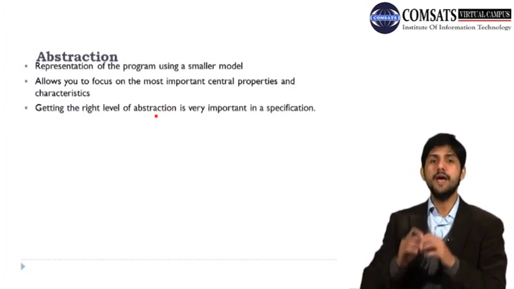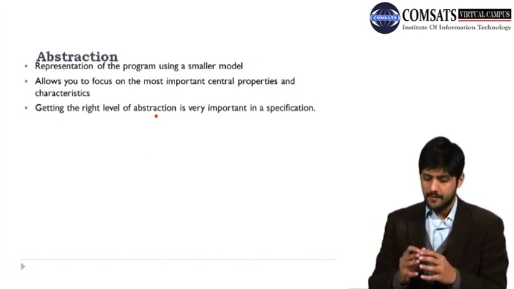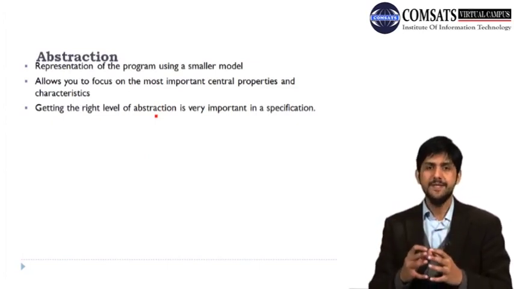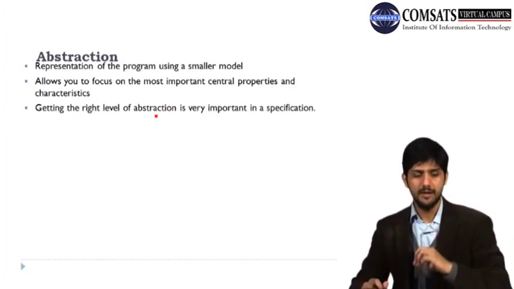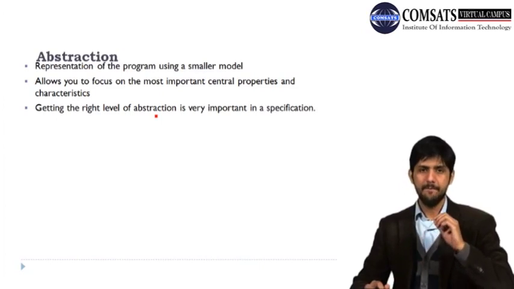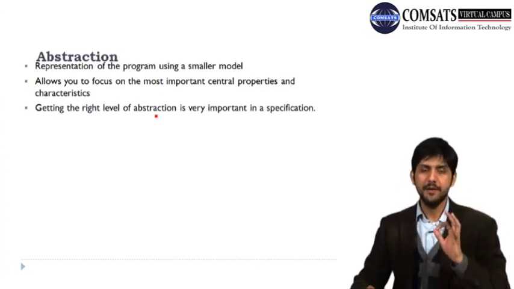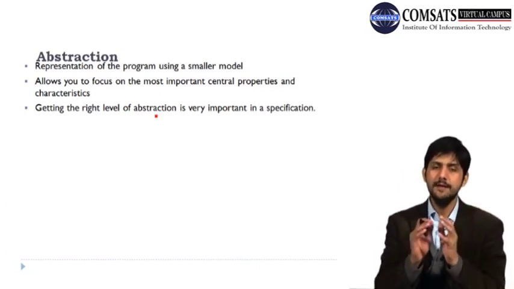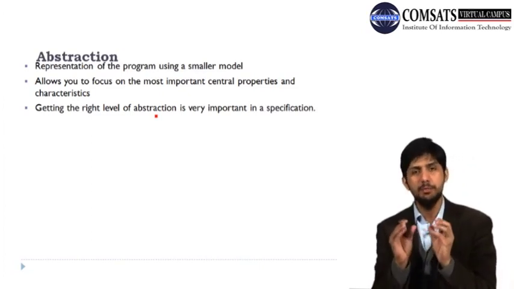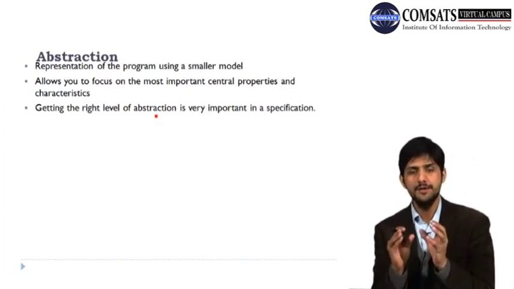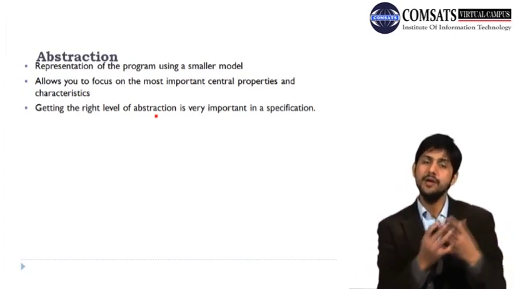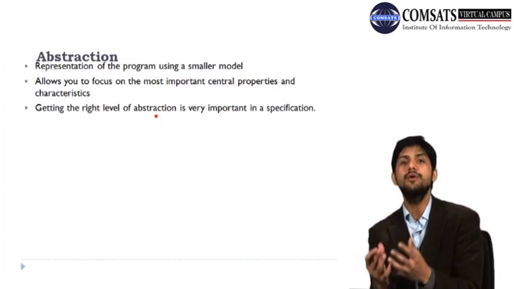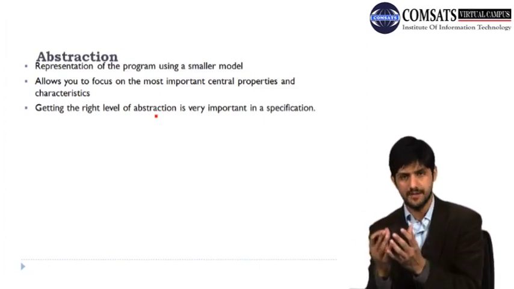And finally, we'll talk about abstraction. Generally, we say that the level of abstraction is high when we are writing specifications formally. It is a representation of the program using a smaller model. So we only pick the things which matter, and we generate a model using them. As we said, the model-oriented approaches first of all generate a model of the system which defines the behavior of the system.